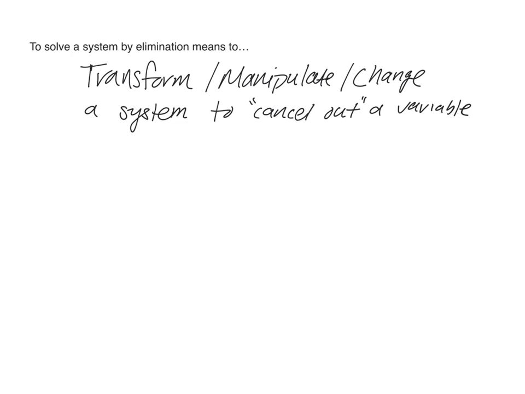Now I'm going to put cancel out in quotation marks because we're getting rid of it, we're destroying it, we're canceling just for a little bit. Okay, and then we're going to bring it back. All right.